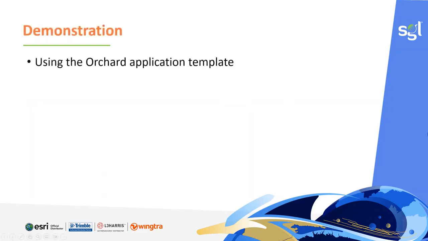Now let us go to the demonstration. For this demonstration we will be using the ArcGIS application that we configured in our previous video. In case you are trying to find where the ArcGIS application is, I'm referring you to our former video to see how we configured this.